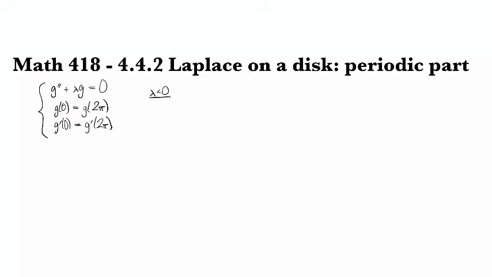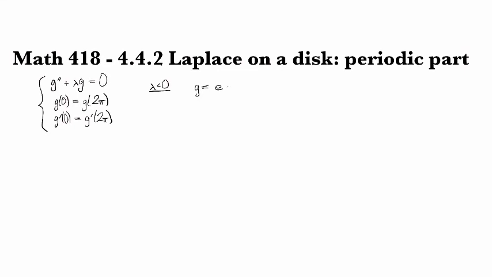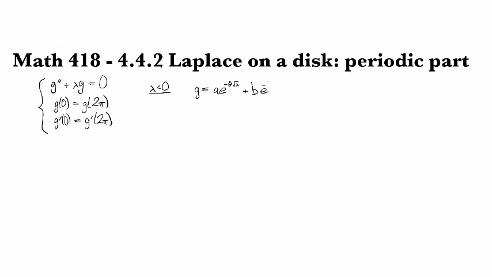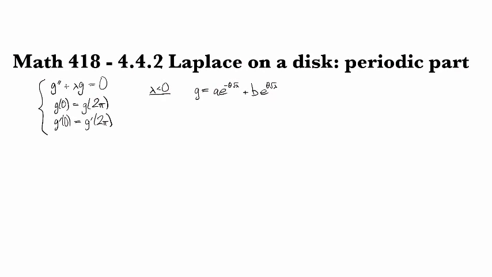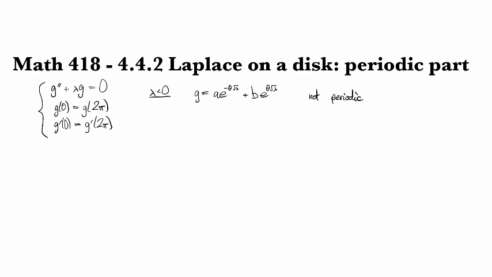Well, if lambda is negative, then the general solution would look like A e to the minus theta root lambda plus B e to the positive theta root lambda. And that is not periodic, so it's not going to fit the periodic boundary conditions.